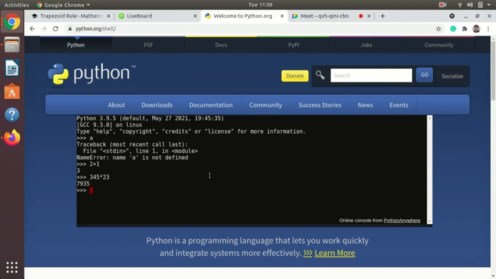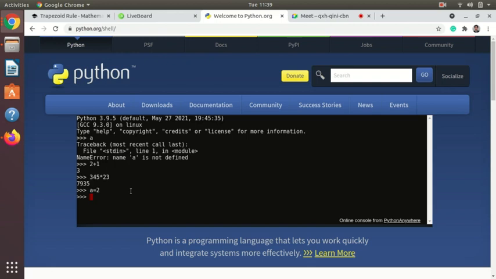The basic difference between Mathematica and Python is that you have to define the letters. I will define the letter A. Let's say A is equal to 2. And I will enter. Now it will not execute anything. It will come back to the loop. This is because when you use the equal to symbol, that is the assignment symbol. It is saying that A is equal to 2.